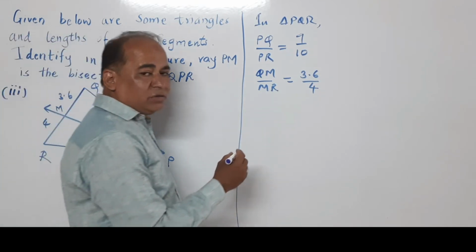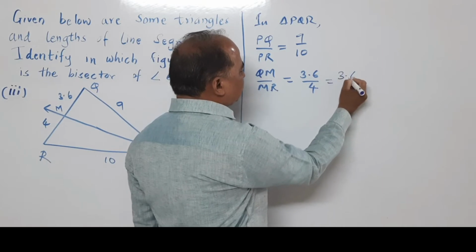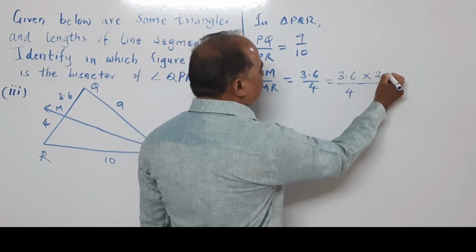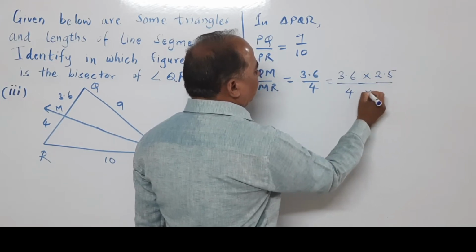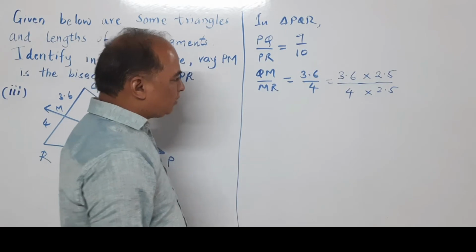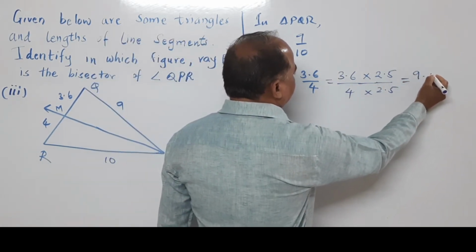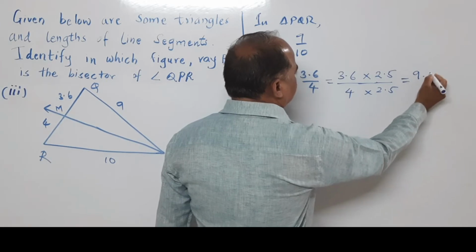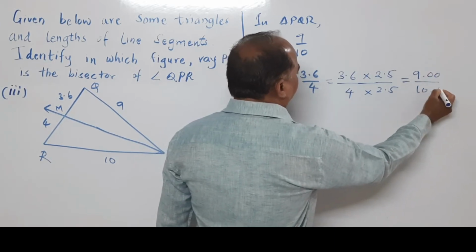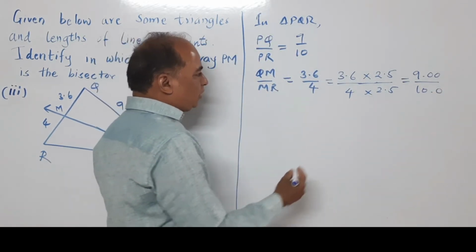So if we give a common multiple for the ratio 3.6 upon 4, we multiply both numerator and denominator by 2.5. You will get 9.00 upon 10.0, that is, the ratio will be 9 upon 10.